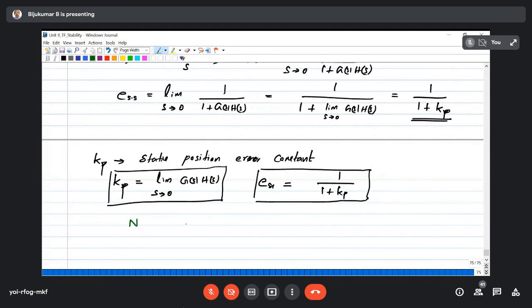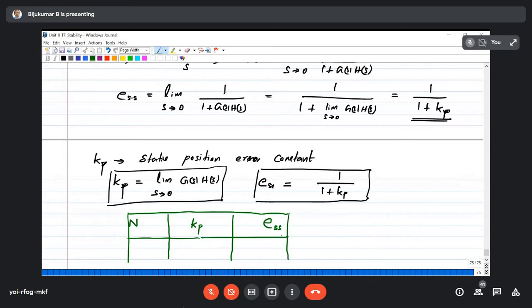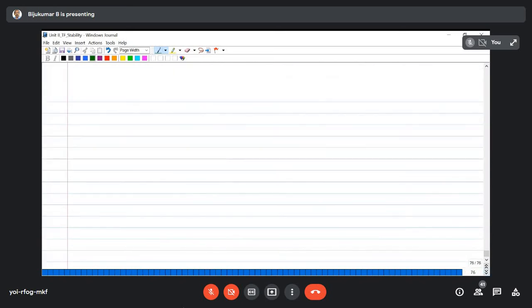Now we'll see how the steady state error will vary with respect to type of the system. So I am making a table saying the first column refers to type, second column is the static position error constant, third one steady state error. So I'm forming my table here. Now let us consider first a type 0 system.